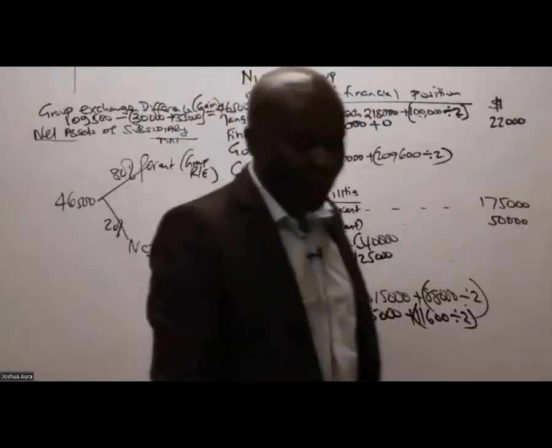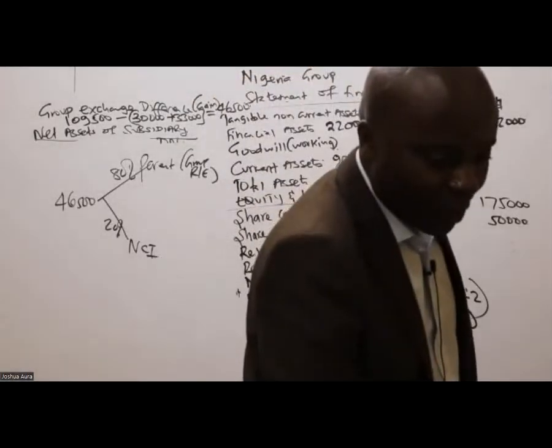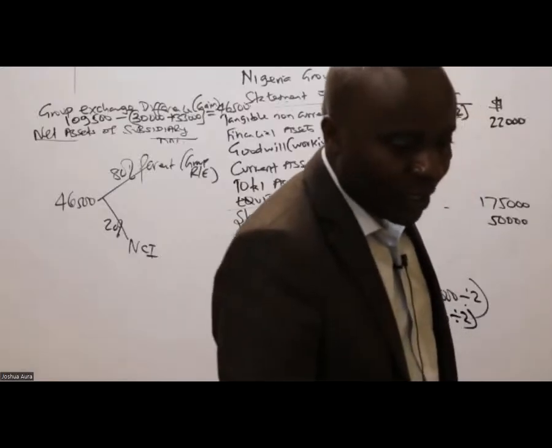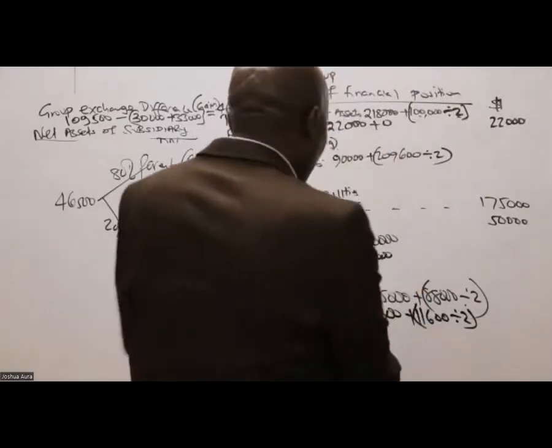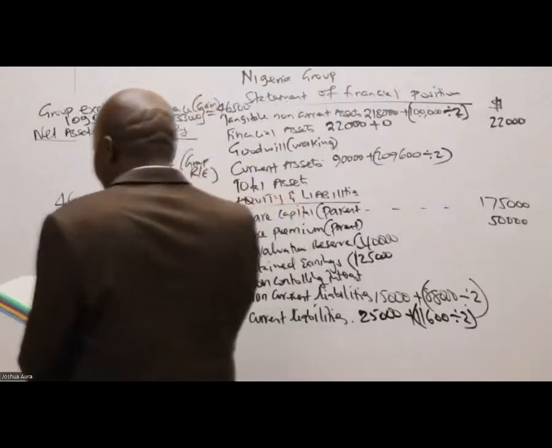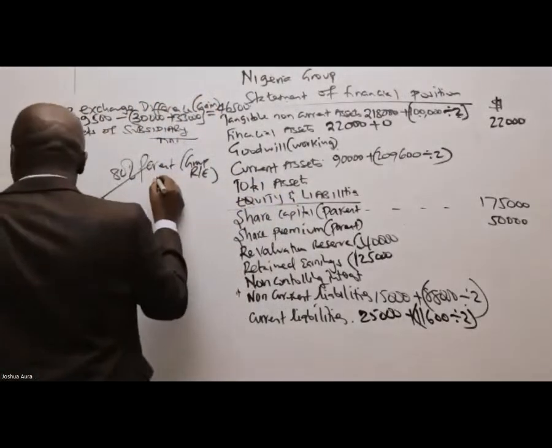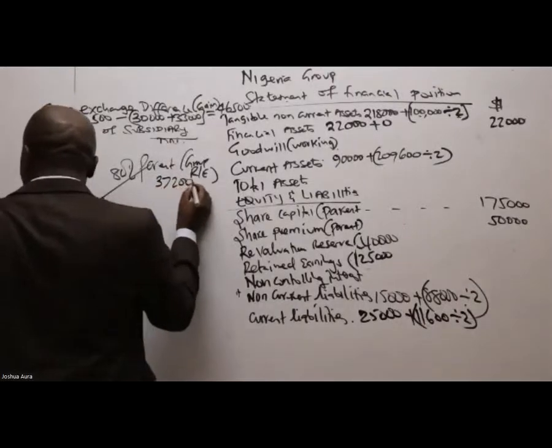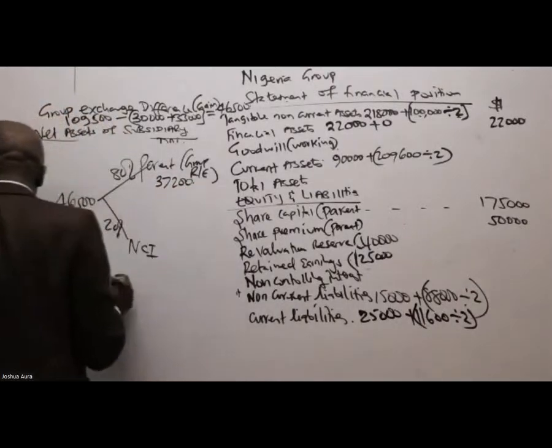I can see they have already given me the figure. The parent is 37,200. And then we have, ladies and gentlemen, NCI.